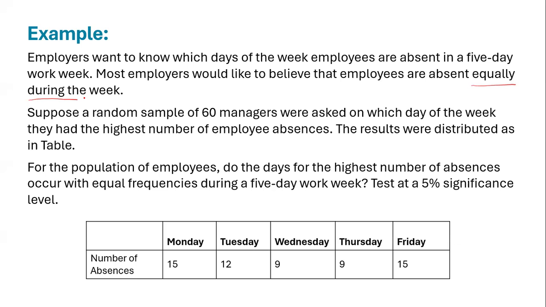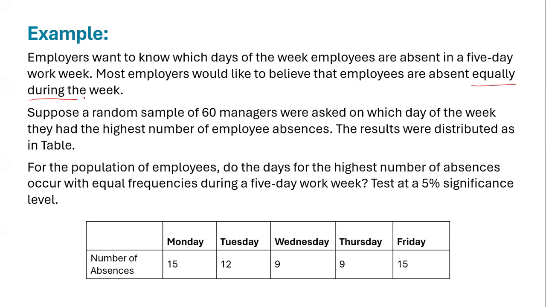For the population of employees, do the days for the highest number of absences occur with equal frequency during a 5-day work week? Is the expected frequency uniform? Are they equally likely? That's a question. That's a claim. We want to test at a 5% significance level.